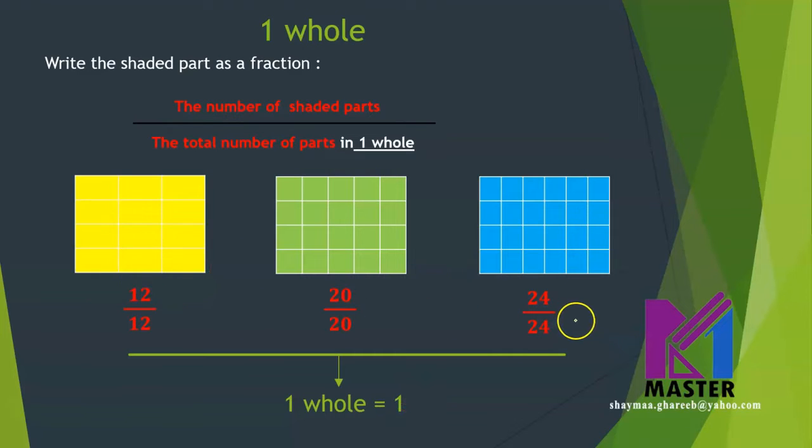I want you to look at these fractions and notice the number in the numerator is the same as the number in the denominator. So now, do you know how we express one whole as a fraction? It's always the same number up and down, okay?